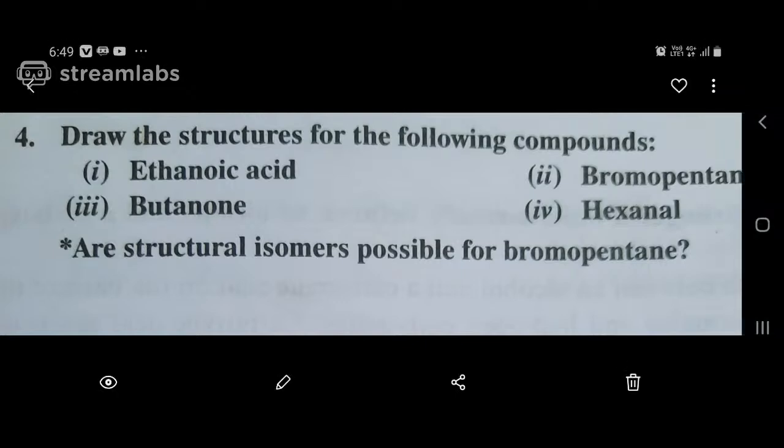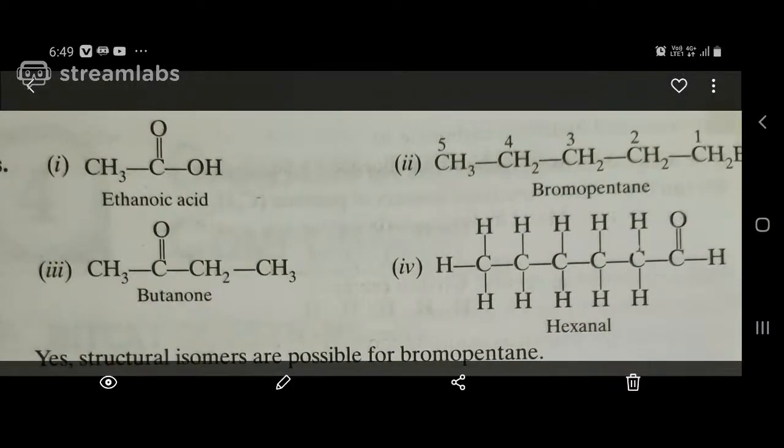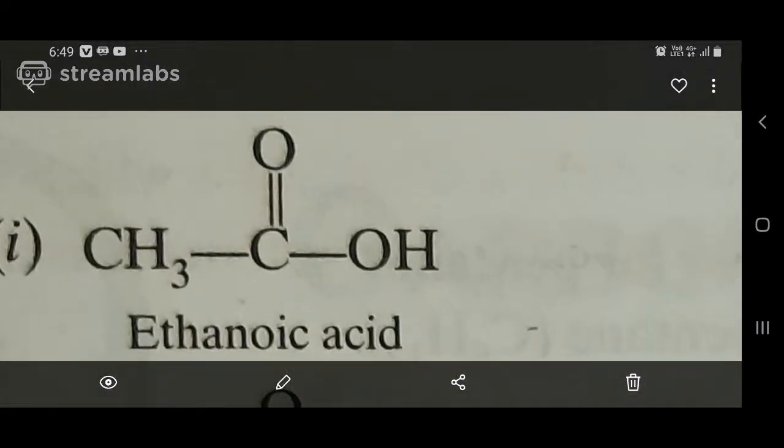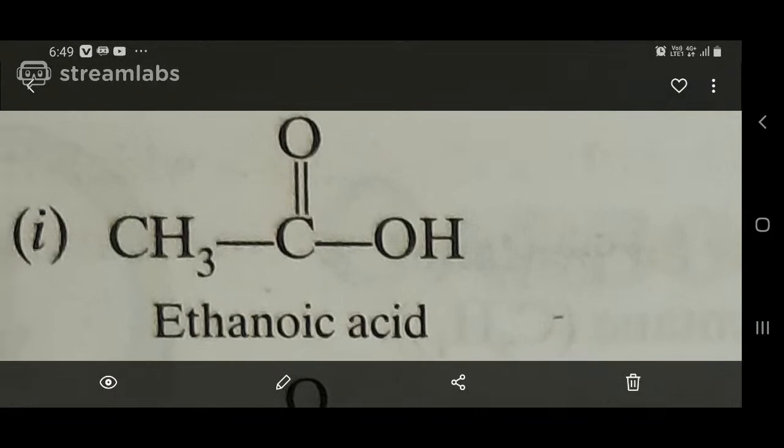Now look at the structures. Ethanoic acid. 2 carbons are there, and among the 2 carbon, 1 carbon will give the functional group as COOH. Now how to write COOH? C double bond O, C double bond OH.